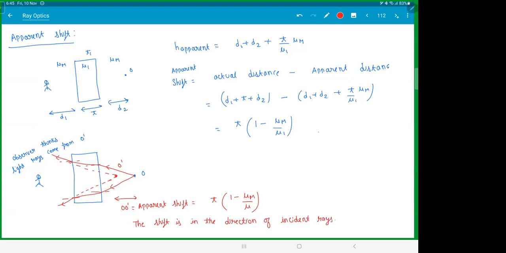Most people get confused, like they understand it is shifting, but they get confused. Is it coming towards the observer or away from the observer? It should be always in the direction of the incident rays. Copied, everyone?